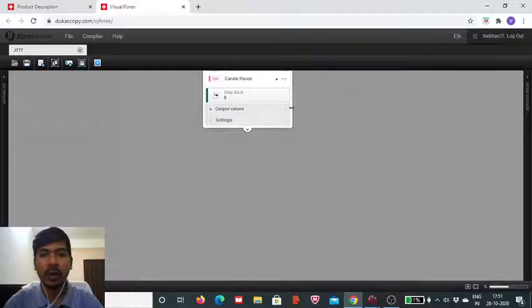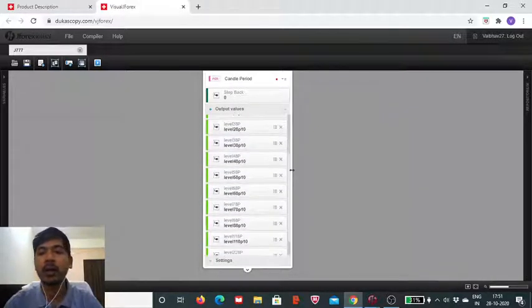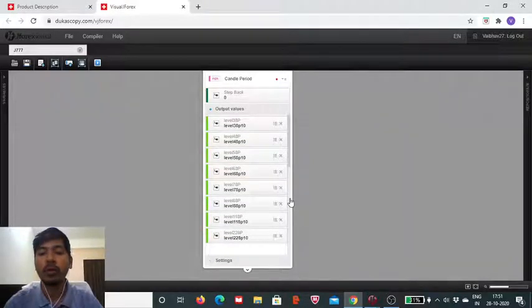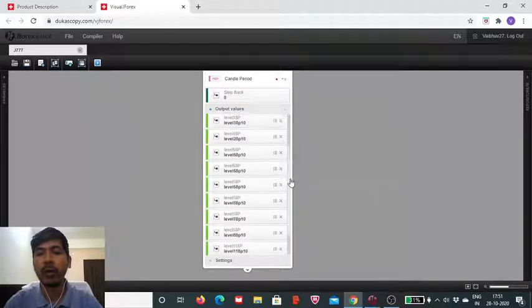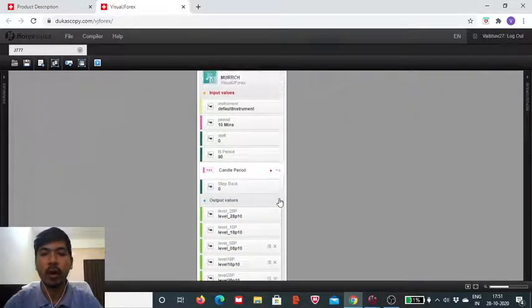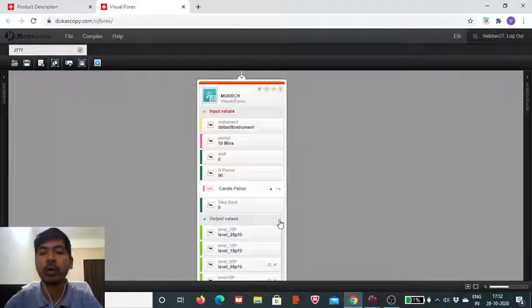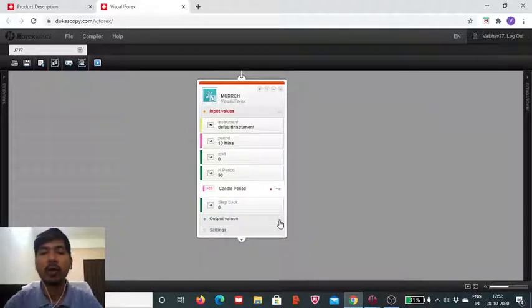So far all the indicators we have seen have at the max provided 3 or 4 output values, but this is one such indicator where we are getting plenty of output values. But for us, we will mostly be using the 3 output values, and I will explain on the chart how those values can provide us valuable information on when to go short, when to sit on the sidelines, or when to go long for the trading opportunities.